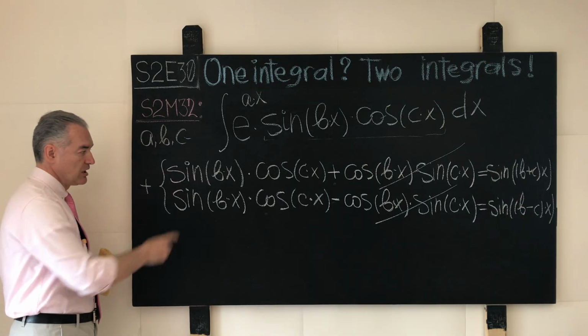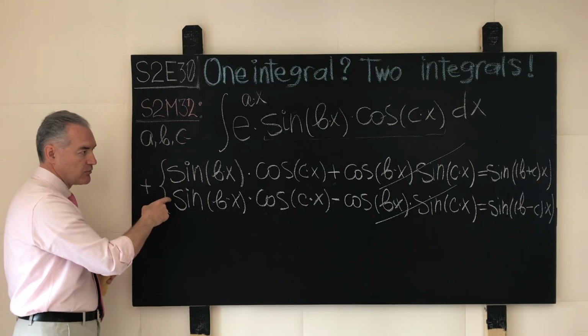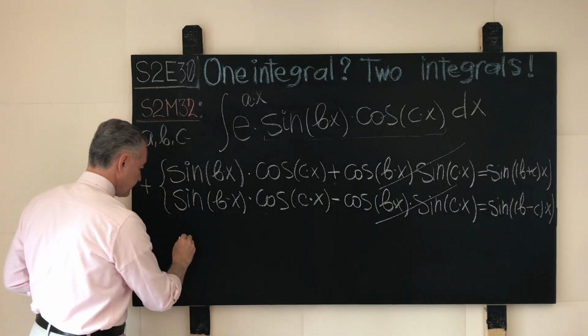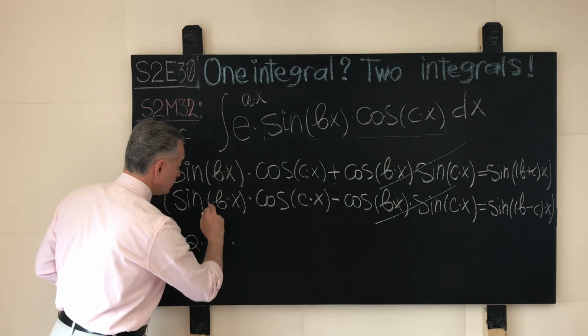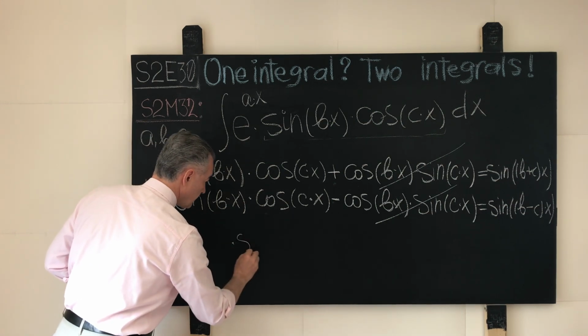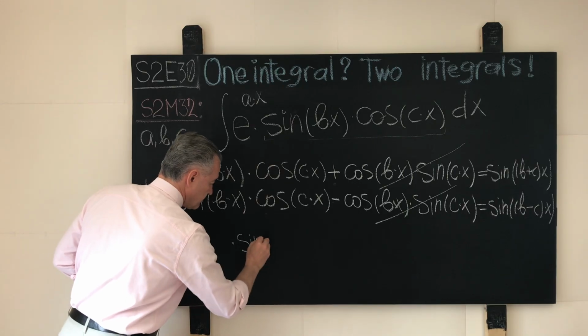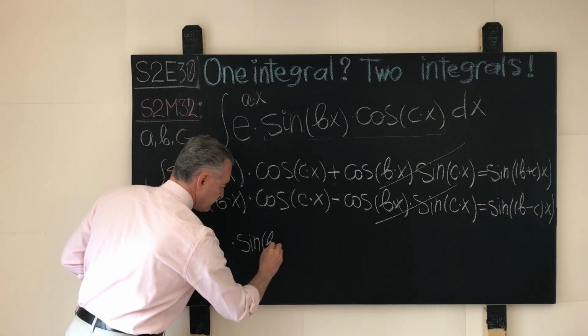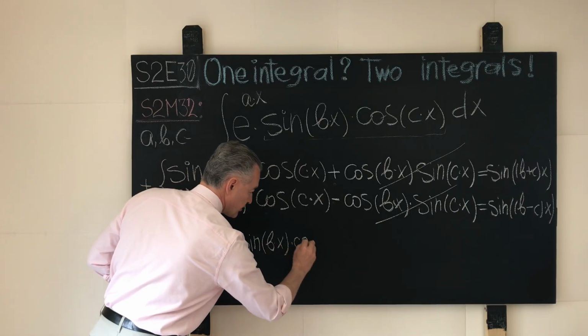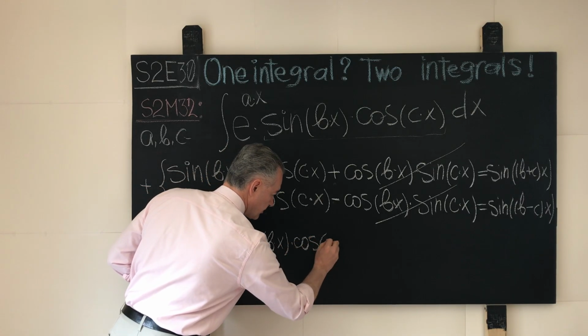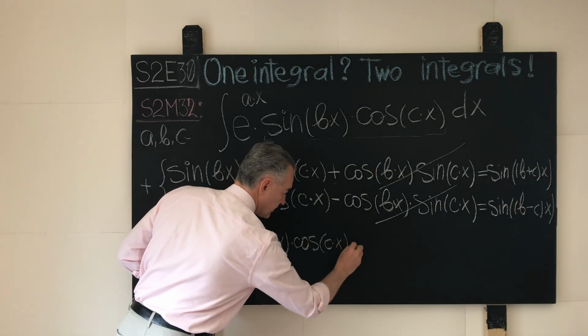So far, so good. These two will double in value, so we will have 2 times sine evaluated at the argument b times x times cosine evaluated at the argument c times x.